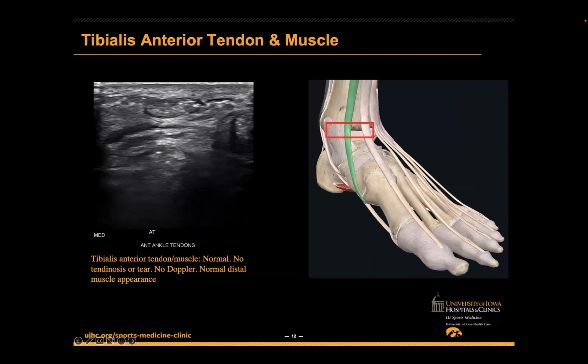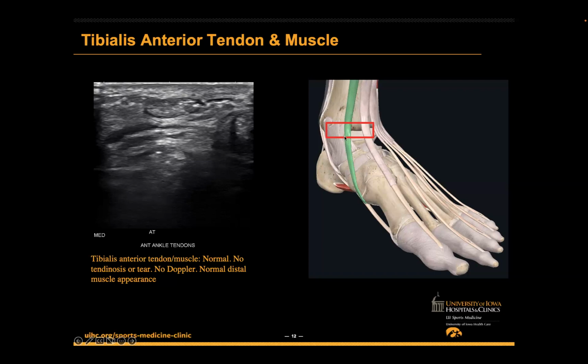I'll typically start scanning at the level of the ankle joint, in short axis, scan distally down to its insertion, and then proximally up into usually the distal aspect of the muscle belly. If there's concern for more proximal pathology, you can certainly scan the full muscle length up into its origin. But I would say if they have pretty clear localized foot and ankle pain, that isn't always necessary.